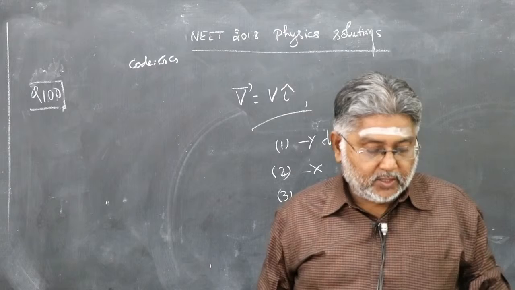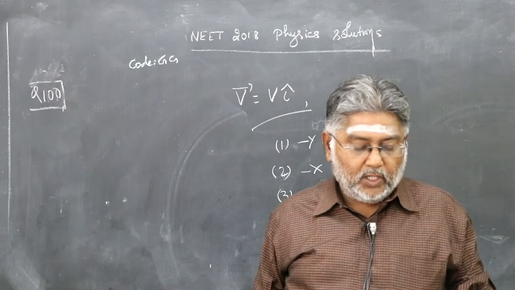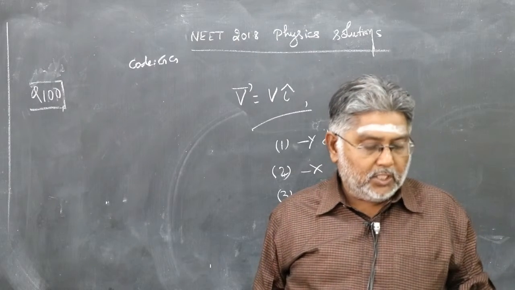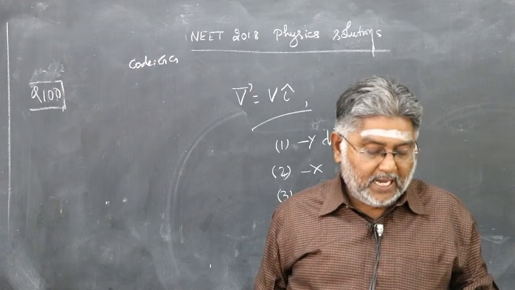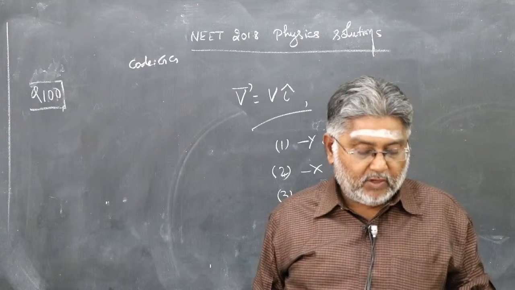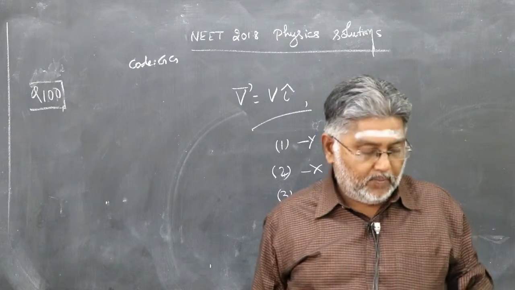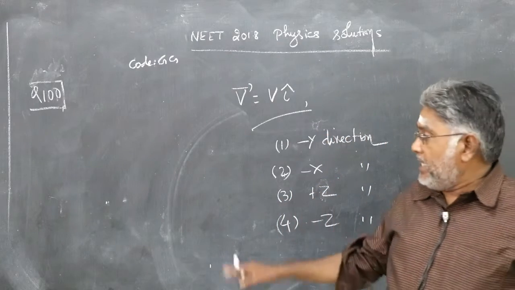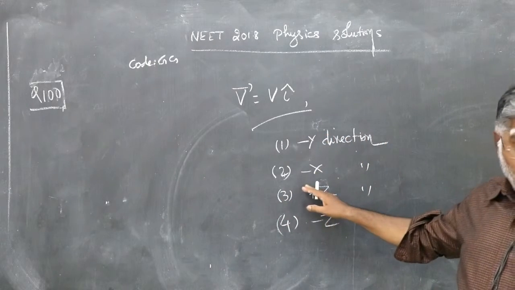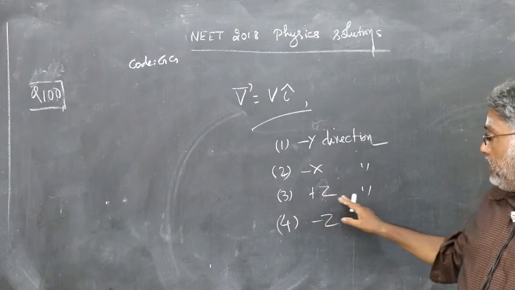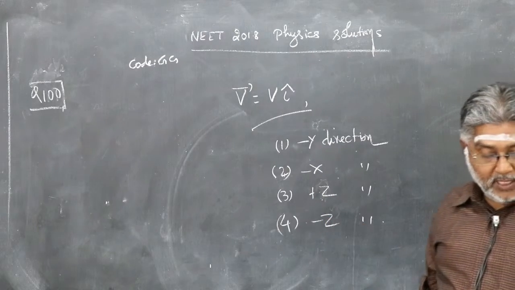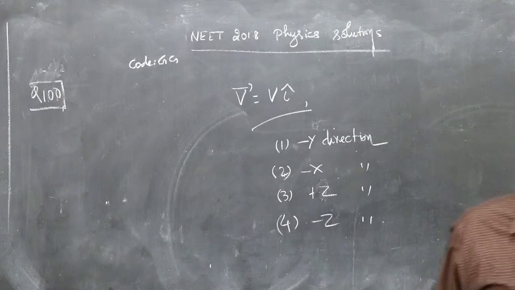The instantaneous oscillating electric field of this EM wave is along positive y-axis. Then the direction of the oscillating magnetic field of the electromagnetic wave will be along option 1 minus y direction, option 2 minus x direction, option 3 plus z direction, option 4 minus z direction.